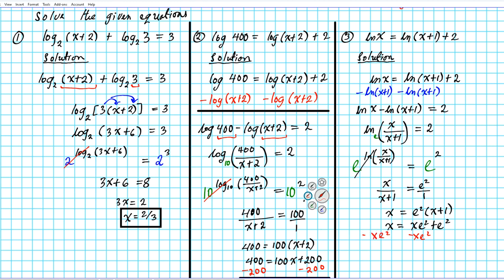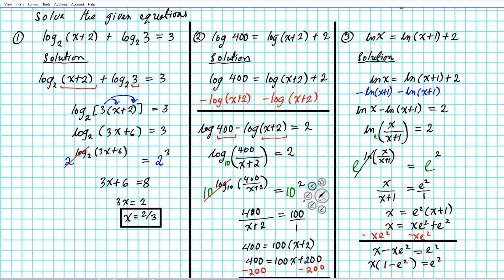When you subtract x e squared from both sides of the equation, we would have collected the terms with the x components in them, the variable terms, which is x minus x e squared equals e squared. Now we're going to factor out the like term from these two, which is x. So factor out an x. So we have x times 1 minus e squared equals e squared.